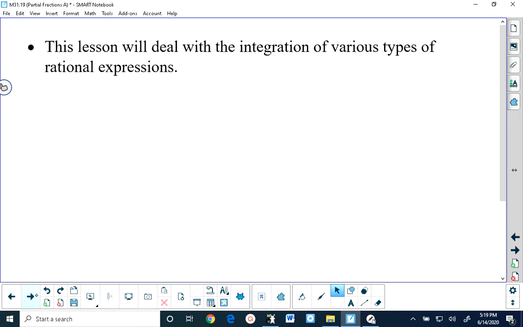If the degree in the numerator is not smaller than the denominator, then you would have to use a technique that we will learn in Friday's lesson. The second property of the rational expression, in order to use what we're going to learn today, is that the denominator, as well as having a higher degree than the numerator, must be factorable and the factors must be linear. So let's keep that in mind.